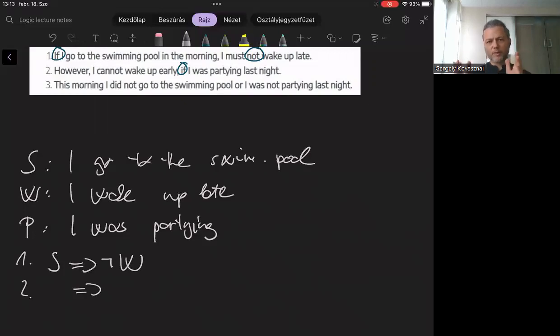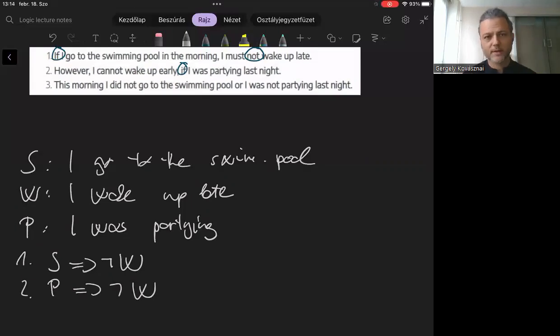So this is supposed to be on the left-hand side of the implication. So let's put the variable w, which means I was partying last night, to the left-hand side of the implication. This one implies the other side, which is represented by, again, sorry, I was wrong. So partying last night is represented by the variable p, and on the right-hand side, you have to put not w, so you have to use negation again.